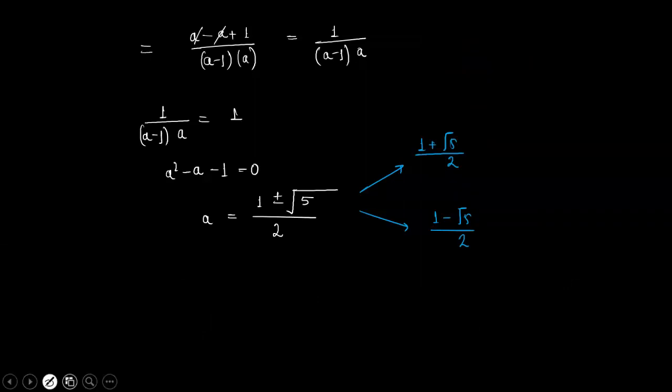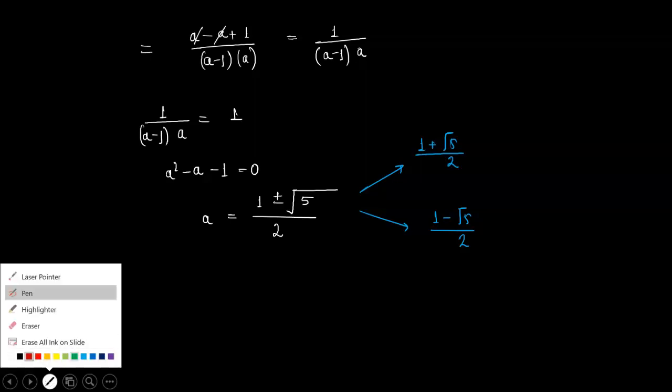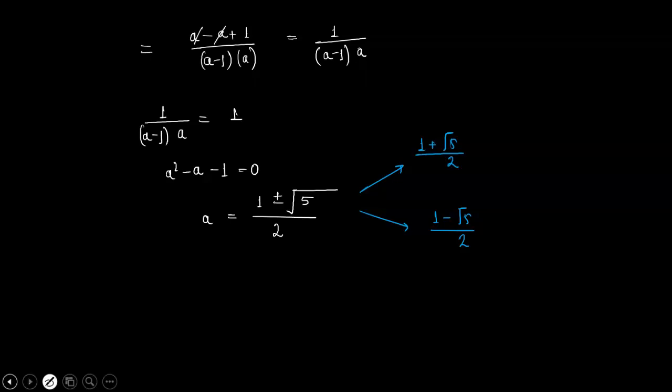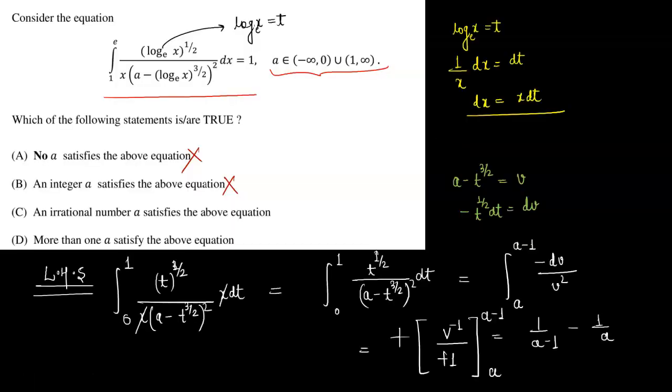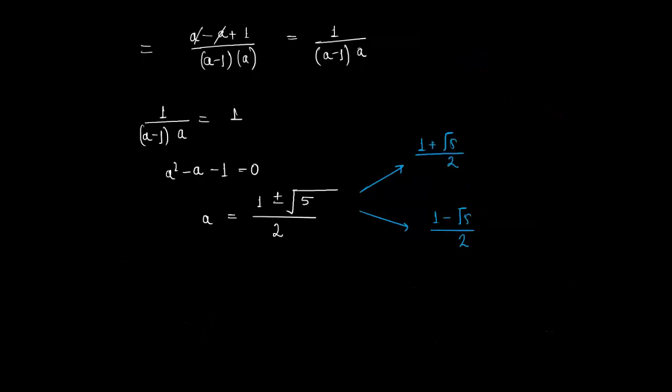One second, I have not ensured whether they are coming inside the given range of a. Since a is from minus infinity to 0 and 1 to infinity, or we can say that 0 to 1 is excluded, this quantity will be greater than 1, and this quantity will be less than 0.